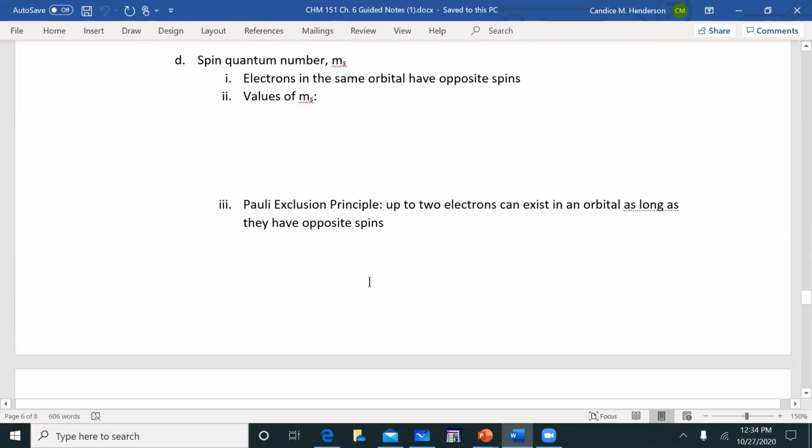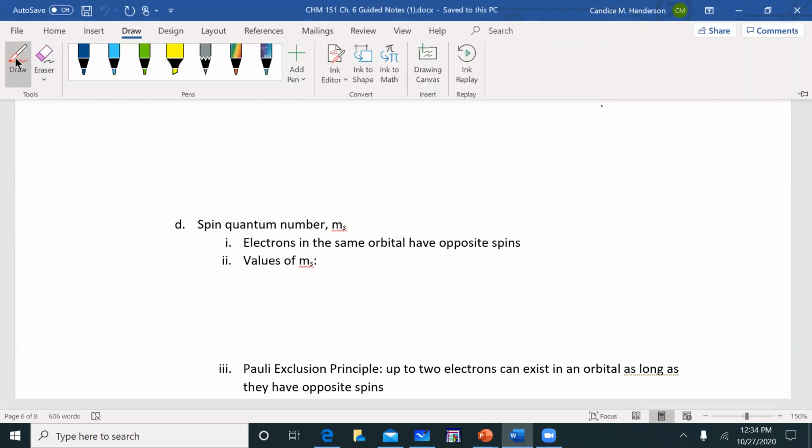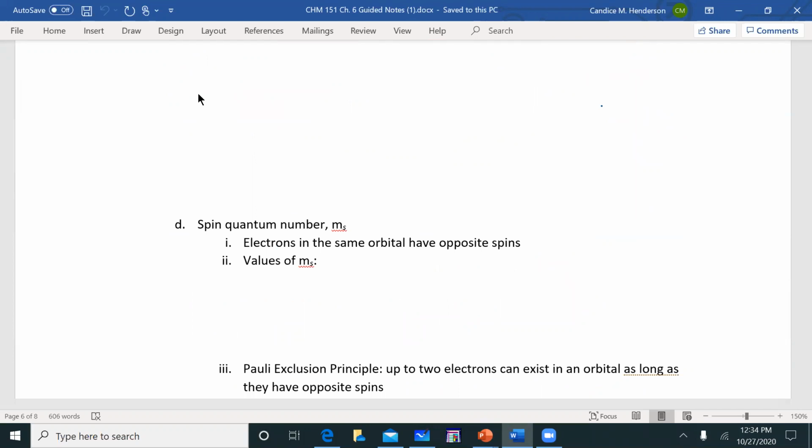I can give an example down here. We could have an n value of 1 and up, the lowest energy being 1. Let's say we go with 2. That means we're at energy level 2, or floor 2.